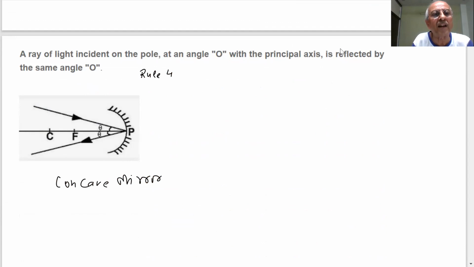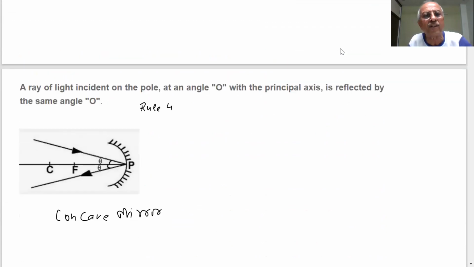A ray of light incident on the pole at an angle theta, you write angle theta, is reflected back by the same angle theta. This was rule 4, which we did not use when we drew the 7 or 6 cases for the formation of images by concave mirrors.